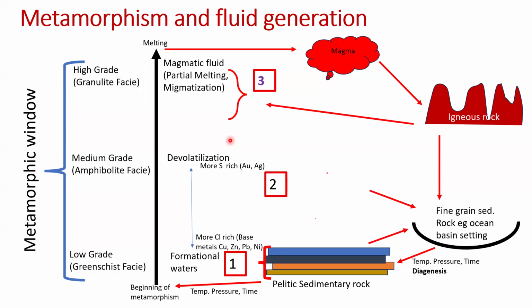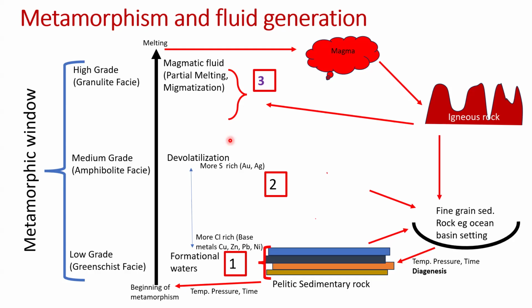And if it happens to be at the lowest grade, that is the box where I showed one, formational waters. When we say base metals, this is a family name. So what metal or deposit is formed depends on the enrichment of the dissolved load, particular elements or group of elements within this fluid.